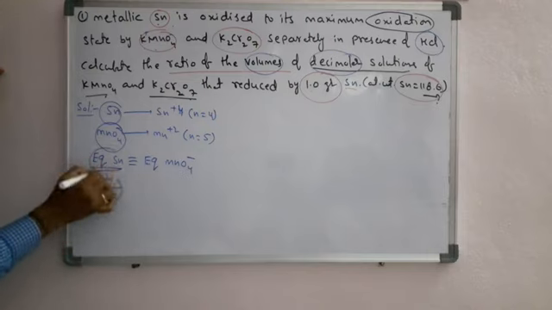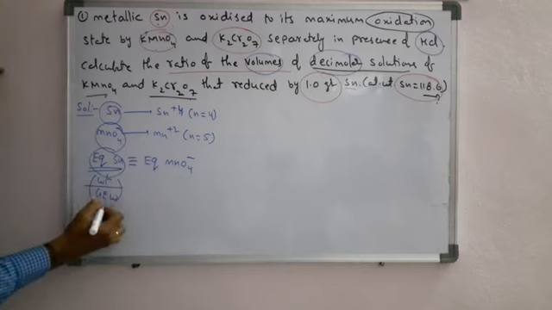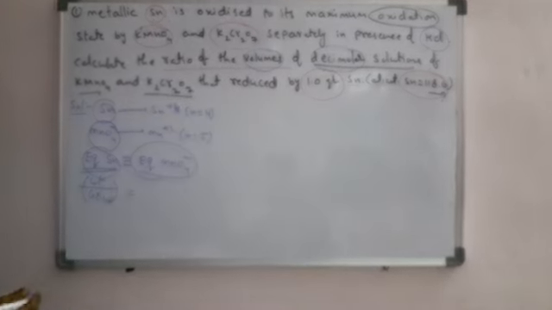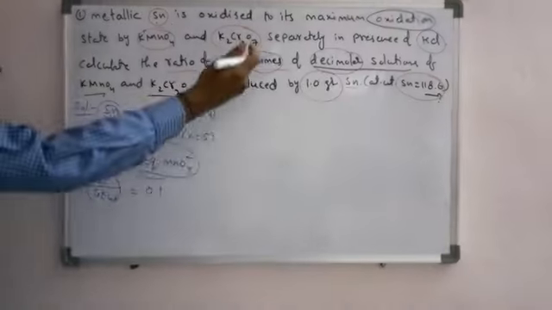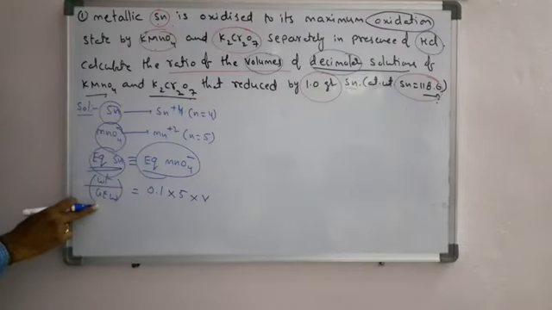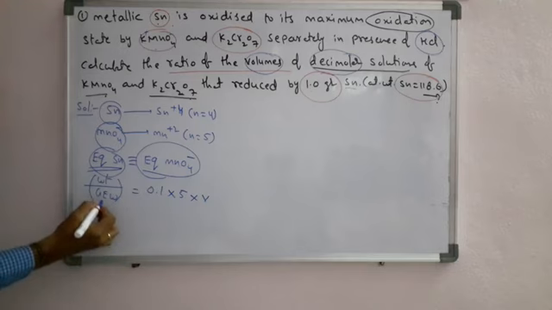For tin, weight by gram equivalent weight. For MnO4 minus, its molarity is given as 0.1; we need to convert it to normality, that is molarity into n factor, and into its volume. The weight of tin is given as 1 gram.